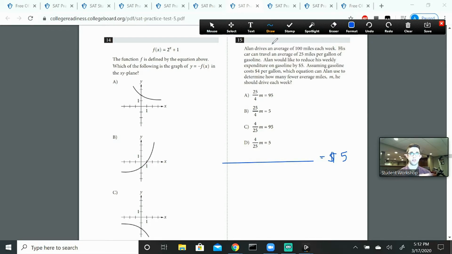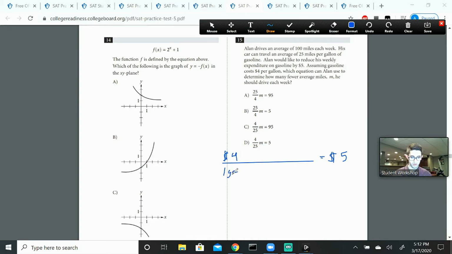But essentially it's just a separation of the units and the values in order to solve for something. And I can see that my units in the end need to be dollars. And we're using M miles. So I'm going to find dollars per gallon. That'll be good. We'll start with that.